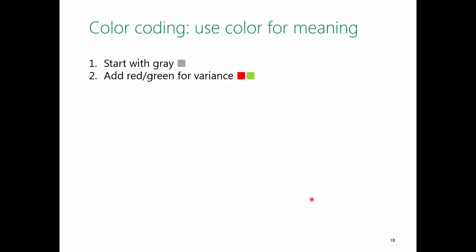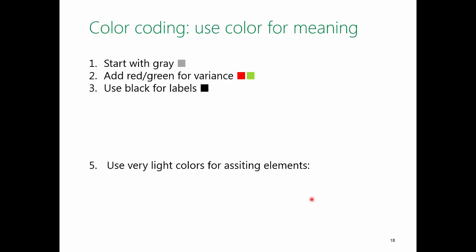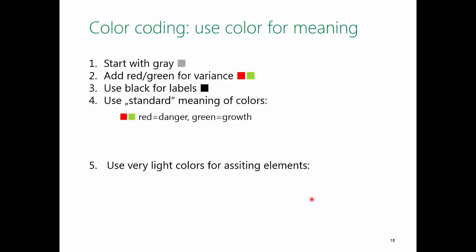Try to show the differences, the variances, with red-green. Next, use black only for labels, so for numbers, text and so on, and then for assisting elements.